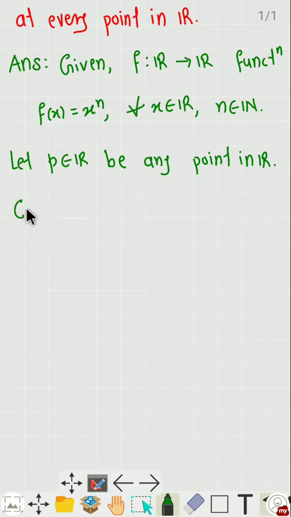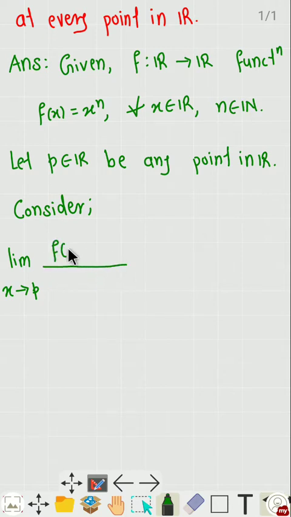So consider the limit as x tends to p of f of x minus f of p, whole divided by x minus p.